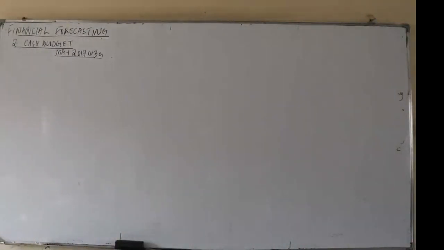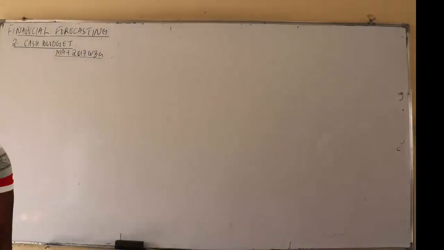A rent of 10 million for each quarter is paid in March, June, September, and December. Other cash overhead of 2 million per month is payable. A new plant due for delivery in September will be paid in November at a cost of 25 million. On 1st of October, the firm planned to have 10 million in the bank. Required: a cash budget for the 3 months ending December.